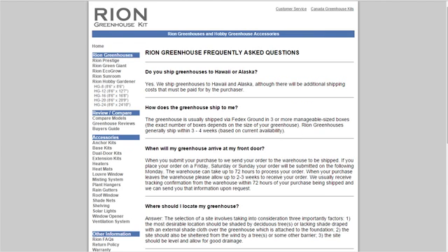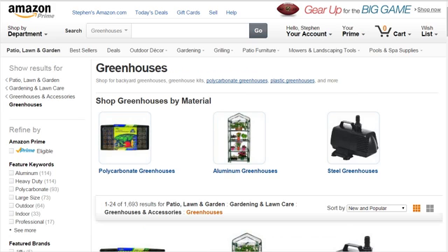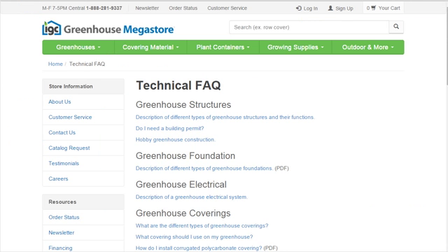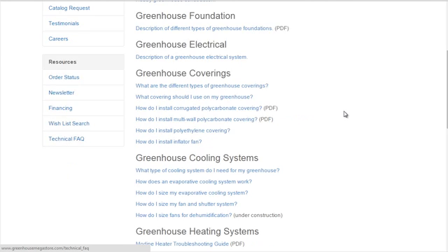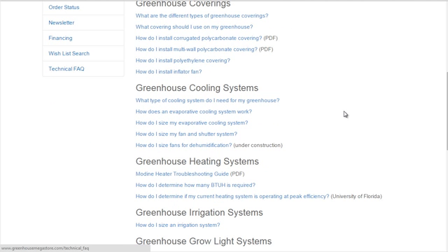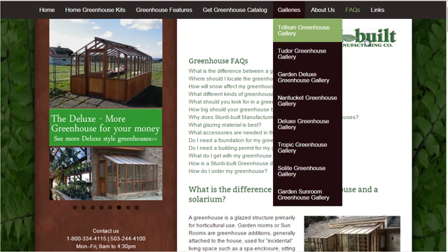Most of these are not related to greenhouse, they're just related to the company. Okay, so what I would do first is I would compare the main different sites that are related to greenhouses. And I would look at their FAQs and see what questions are actually popping up that match that of these other sites.